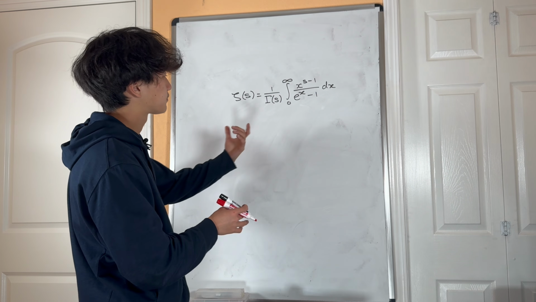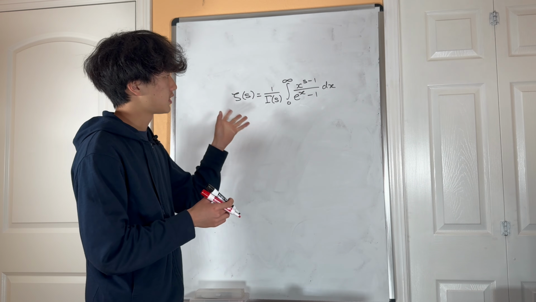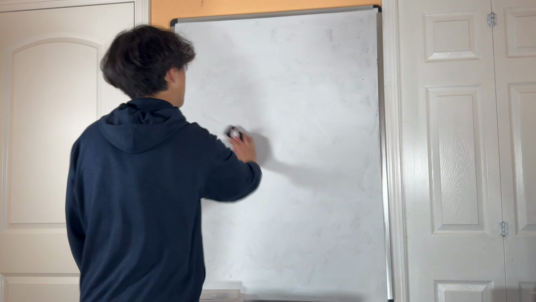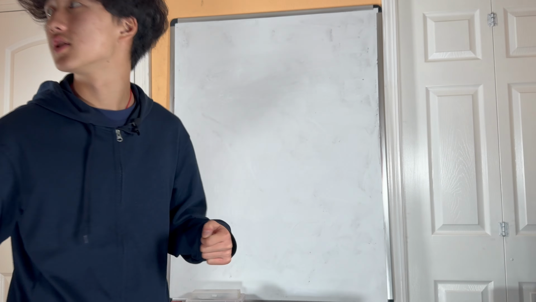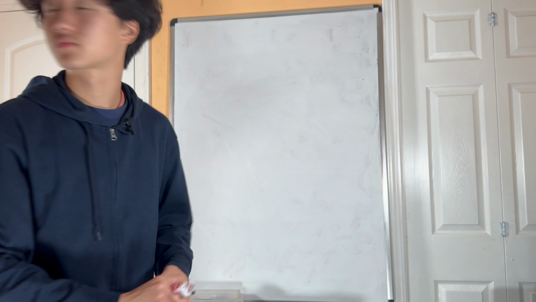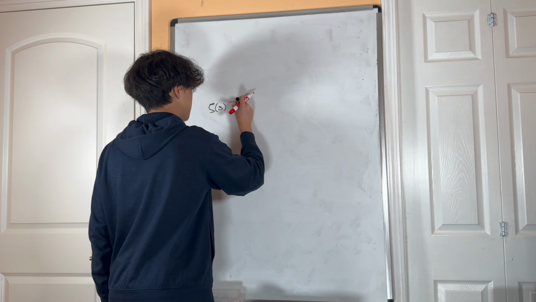Okay, so this is pretty important. So we're going to go ahead and derive this. Let's start by trying to multiply the zeta function and the gamma function together. So when we multiply them together, what do we get? We get zeta of s times gamma of s.